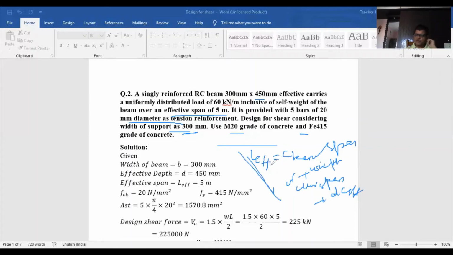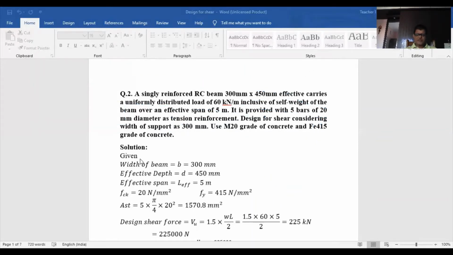Center to center means suppose you have a beam like this, and here you have a support, here you have a support. So center to center of supports will be taken as the effective span, or clear span plus d effective, whichever is less.